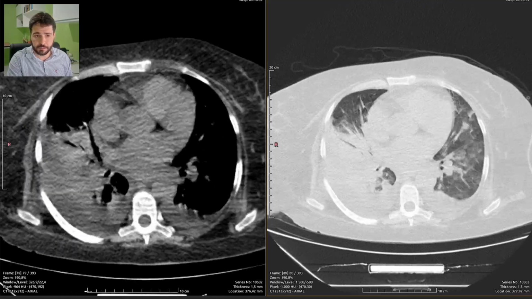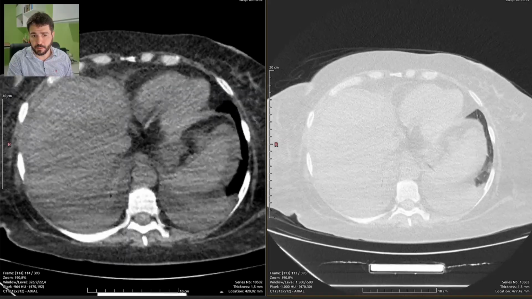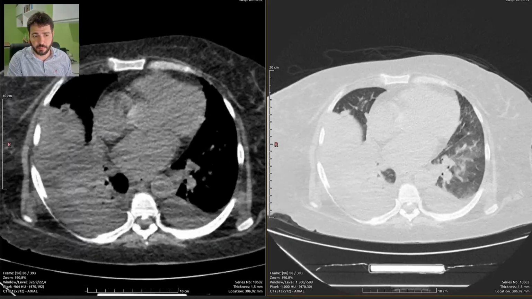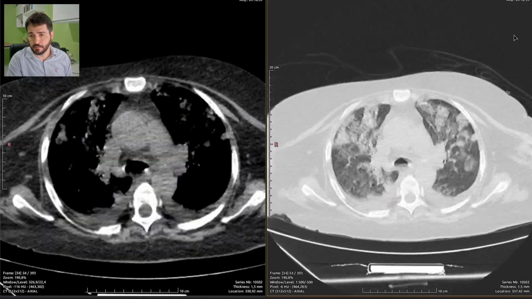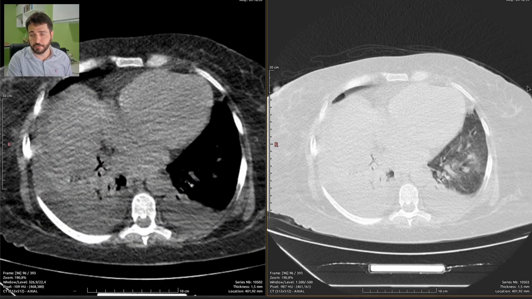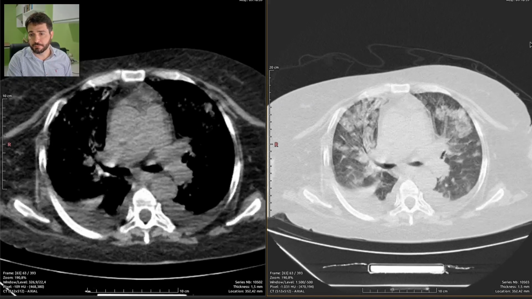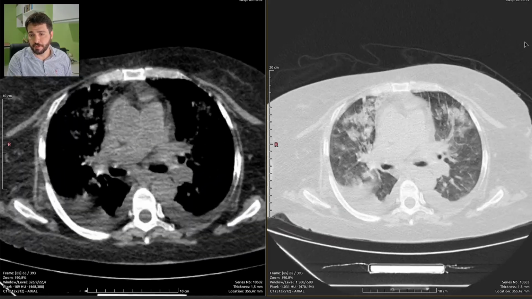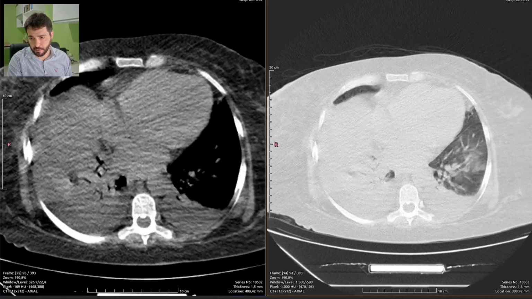Now this is really abnormal. There is a moderate pleural effusion on the right and a small pleural effusion on the left, and there is diffuse consolidation of the lung parenchyma and also ground glass opacities all over the place.